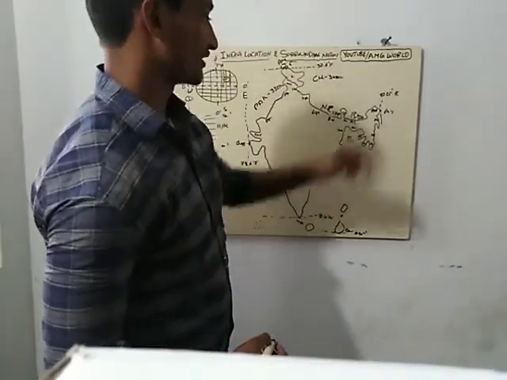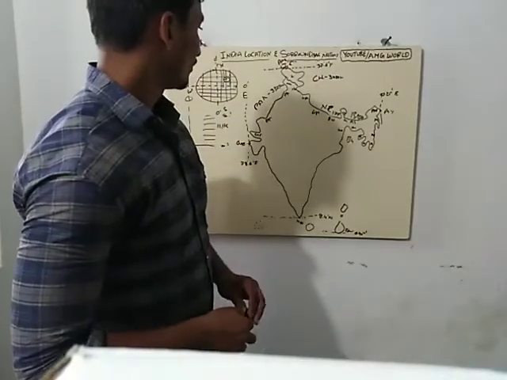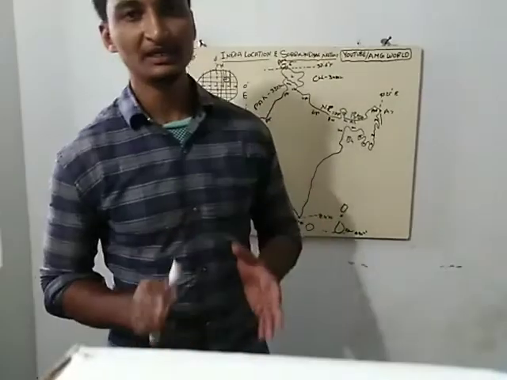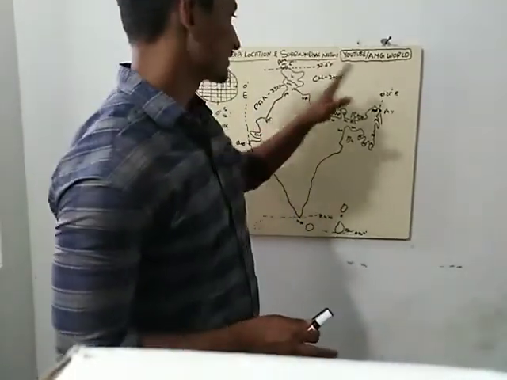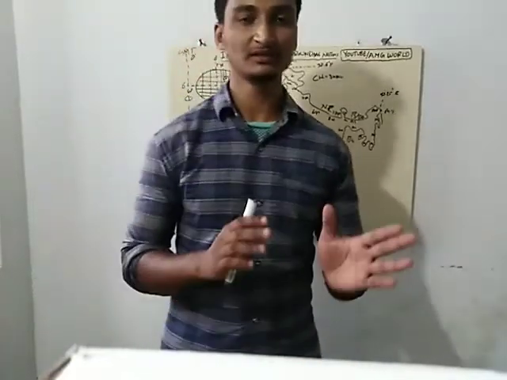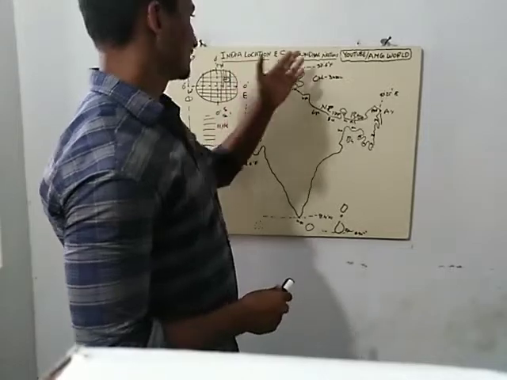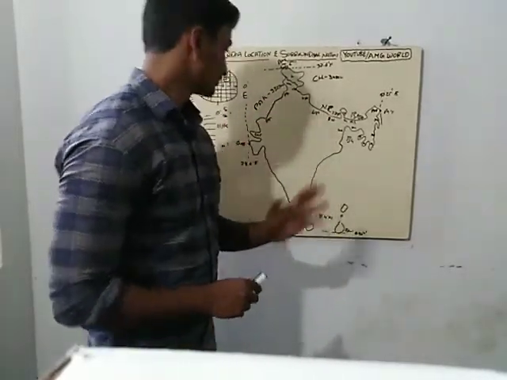These are the bordering states. All 17 Indian states are touching the borders of the 7 international countries. This is about India's location and surrounding nations, and we have covered the extreme points also.